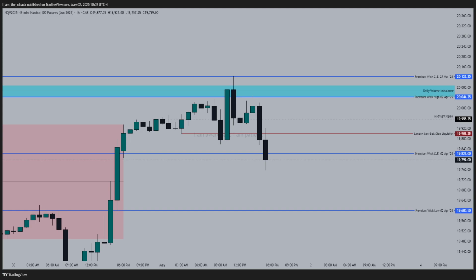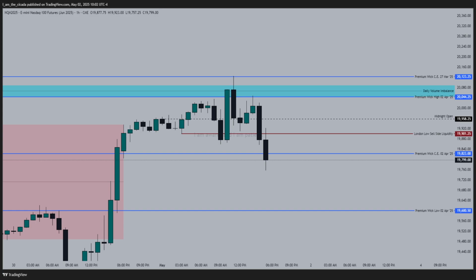Anyway, usually when we're expecting price to gravitate towards premium arrays, such as buy-side liquidity or imbalances that have yet to be filled, usually on an intraday basis, what would happen is London sell-side liquidity would be used as a point of manipulation for price to run first and then start to gravitate towards the draws on liquidity.